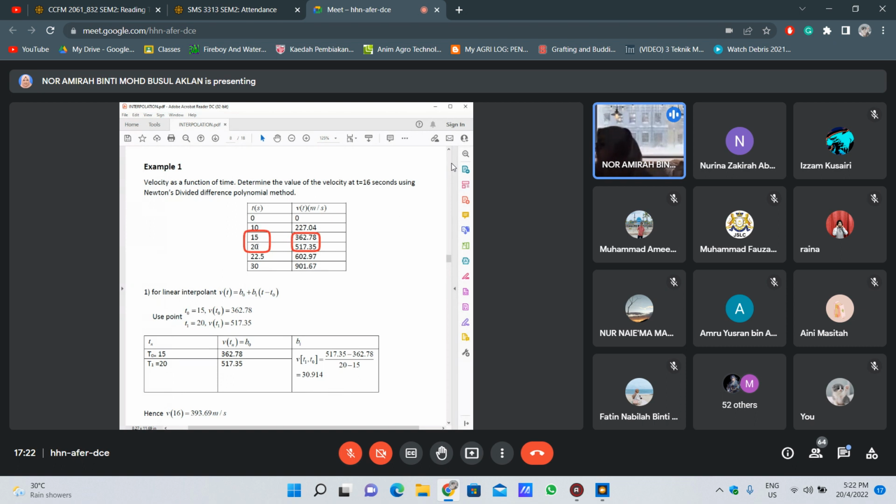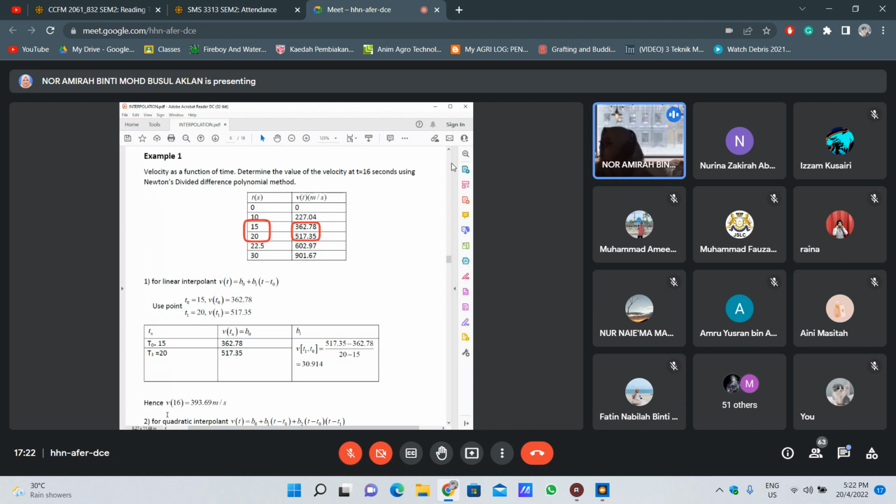You know that, right? So the value that we got B1 ni adalah within this range, not outside the range. Kecuali awak outside the range, keluar daripada 22 ni. So for linear interpolant kita memang ambil 15 hingga 20. So we know that still 16 tu still dalam ni lagi.